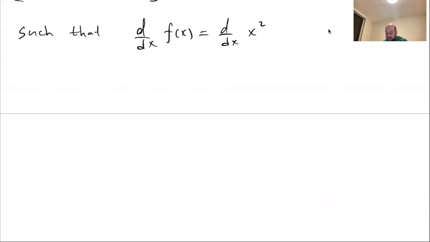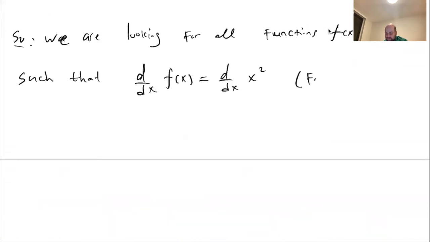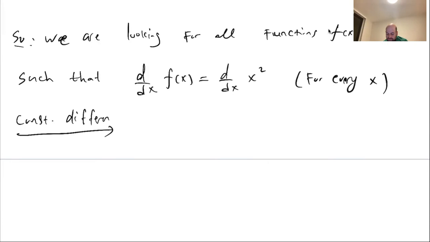So this is true for every x. So by the constant difference theorem, we can say that f of x is equal to the other function, which is x squared, plus some constant c, for some constant c.